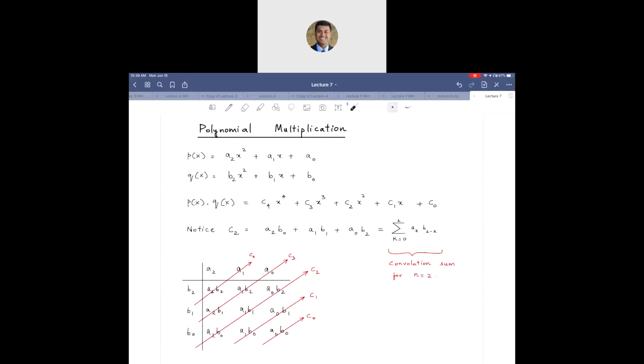Now, if I multiply these two polynomials, p and q, I will have a fourth power polynomial as a result. So x to the 4 all the way to the constant.